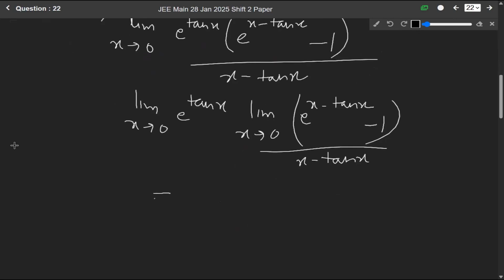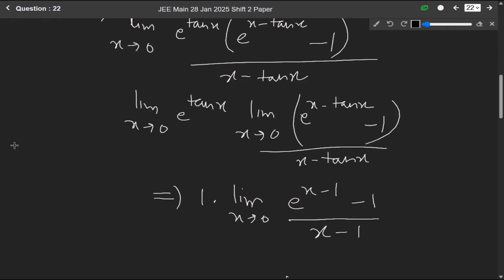Using the limit, we get e^(tan x) means e^(tan 0), so it will be 1, into this e^(x minus tan x) minus 1 over x minus tan x. tan 0 will be 1 here.